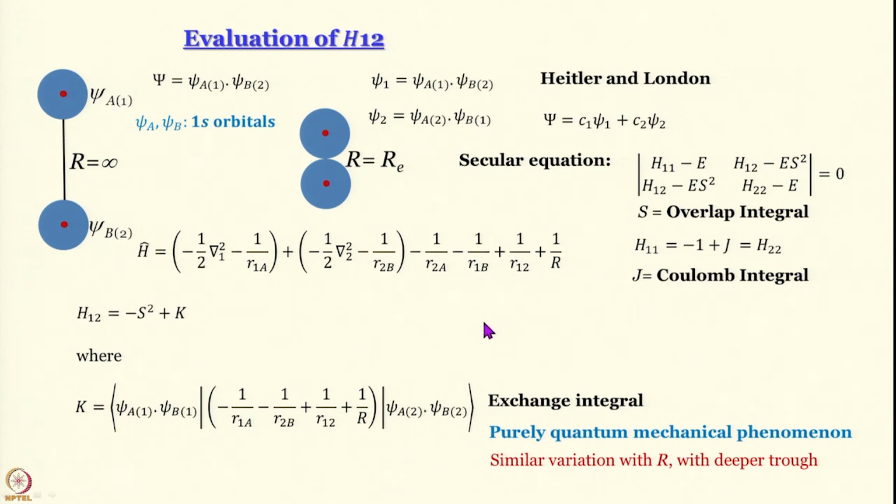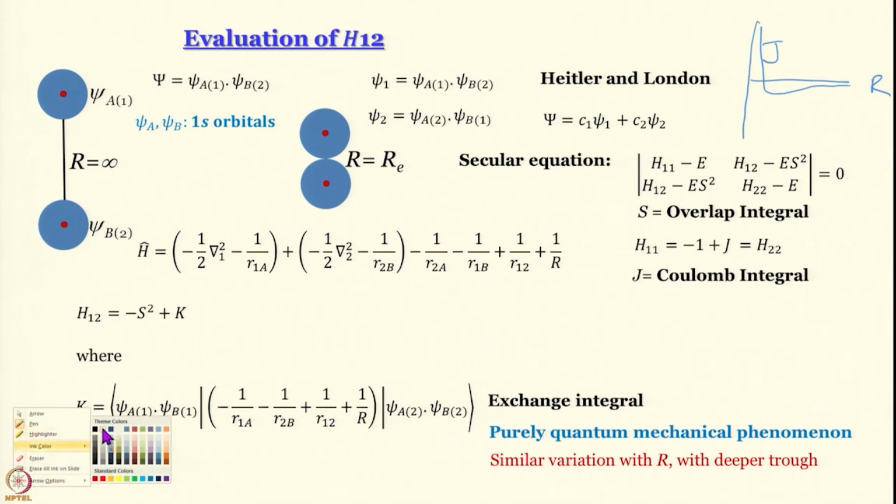So, if I draw it very qualitatively, this is capital R. If this is J, if this is the variation of J with R, then the variation of K, the exchange integral, with R, is something like this, a much deeper trough.